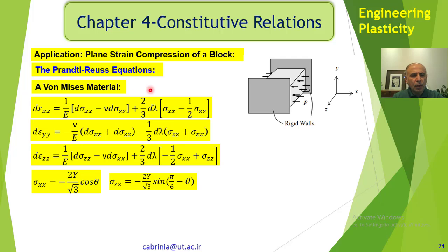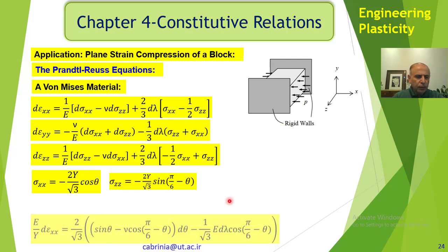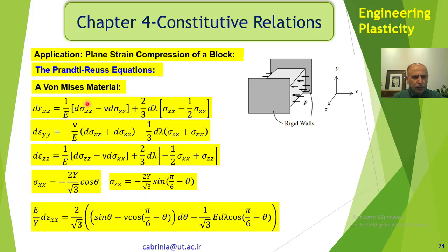Now we have these Prandtl-Reuss equations, and we have these from the yield criterion. So if I substitute here for sigma XX and sigma ZZ, I will get this equation.